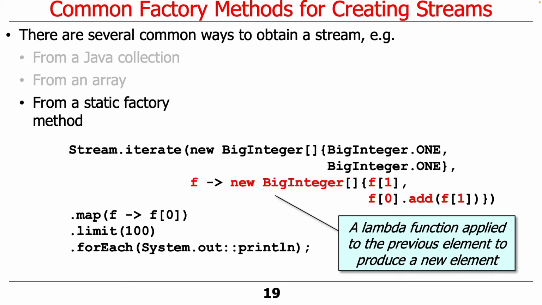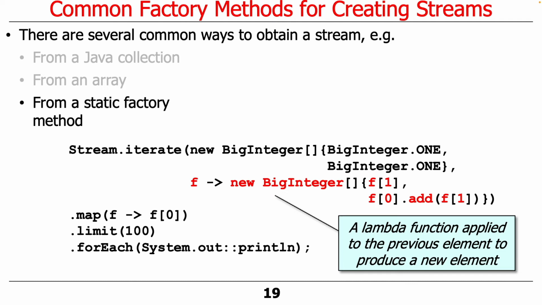And then we define a lambda function, which is applied to the previous element to produce a new element. So what this is going to do is say, make me a new big integer array that takes f. F is what happened before, starting in the initial case with this two-element array containing 1s.